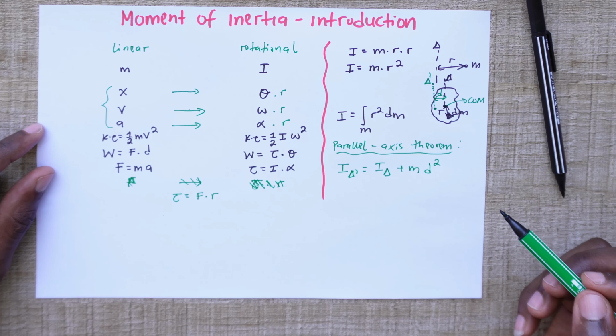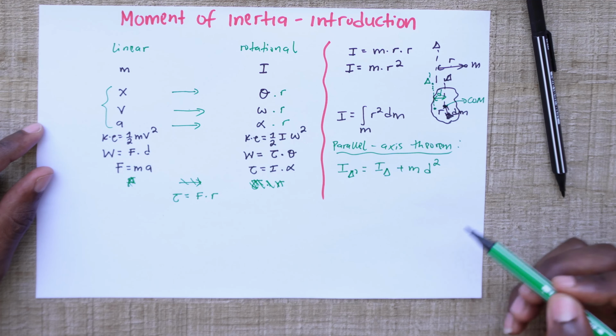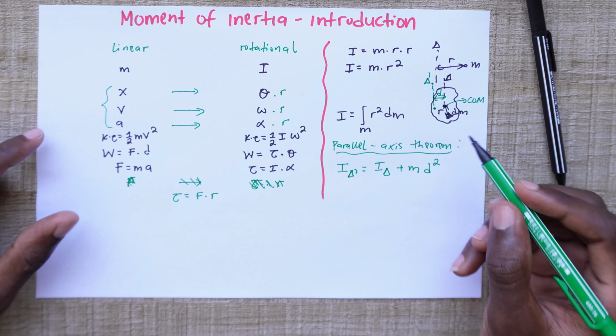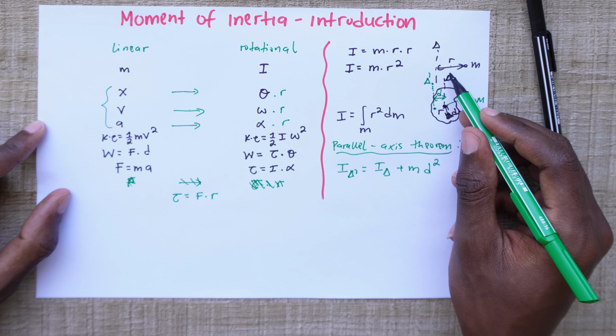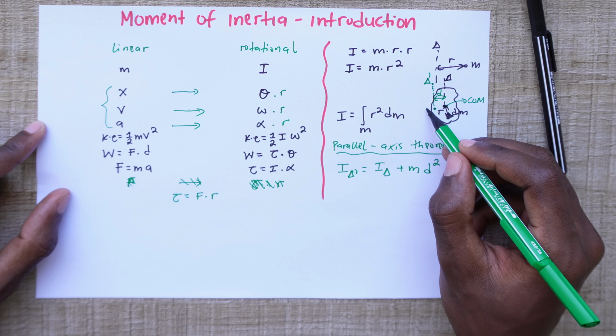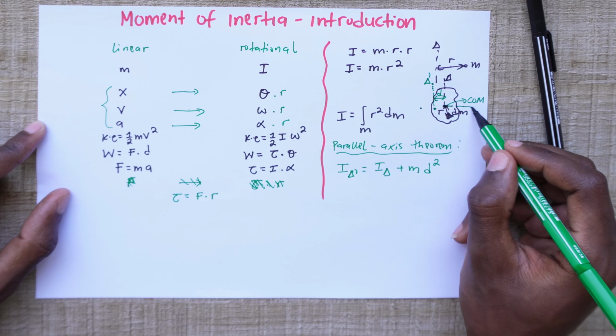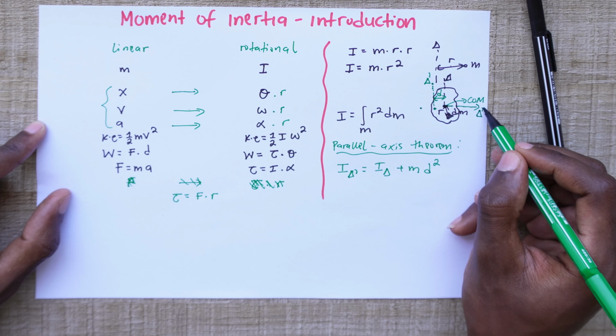Now, suppose you now want to calculate the moment of inertia of this body about an axis that is perpendicular to delta. So about an axis, maybe that's like this. Let's call it delta prime prime.